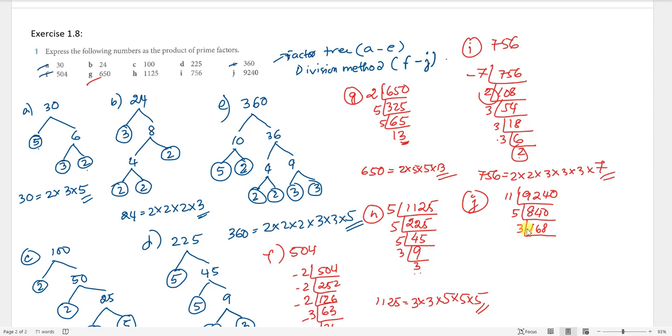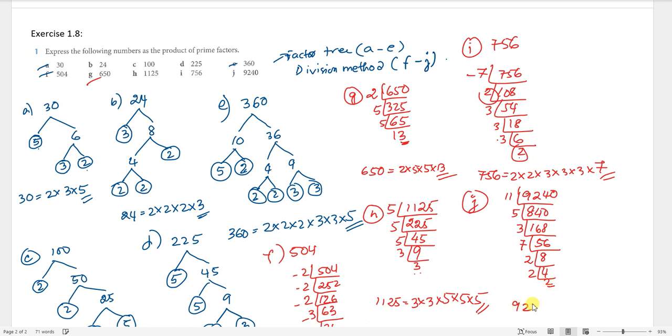Divided by 3, we are going to get 56. Divided by 7, we're going to get 8. And divided by 2, we'll have 4. Divided by 2 again, 2 2s are 4. 2 is a prime number, we stop.